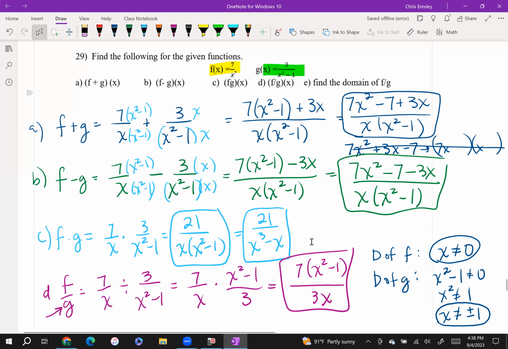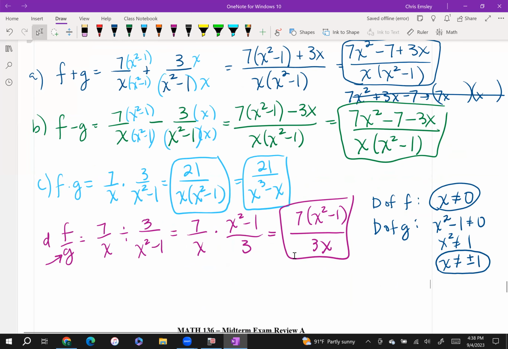And then the final thing we need to look at is we have to make sure that the function g is not equal to 0. The only way this function could equal 0 would be if the numerator equaled 0. Since there is not a variable in the numerator, 3 is never equal to 0, so we don't get any more domain restrictions based on that part, the part that g of x cannot be equal to 0.